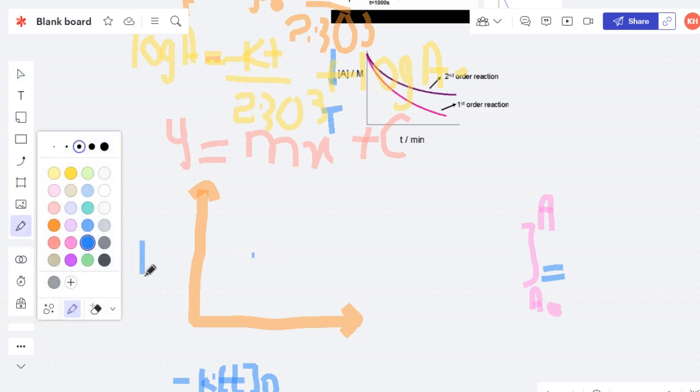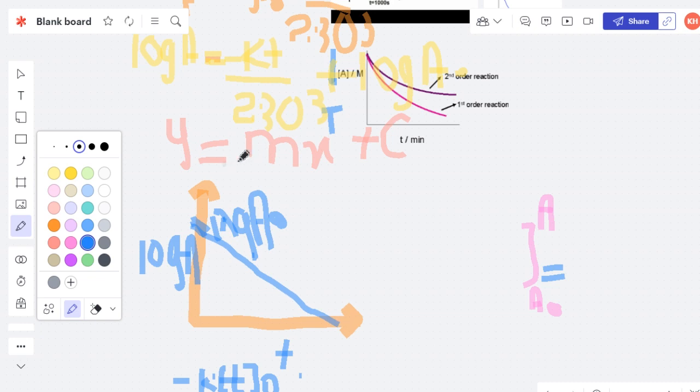We know log a is given on the y-axis. On the x-axis we have time. There is an intercept, starting from here, which is log a naught, the initial point, and a negative slope, which means it goes something like this. The slope represents minus k divided by 2.303. This is a graph of the first order of reaction.